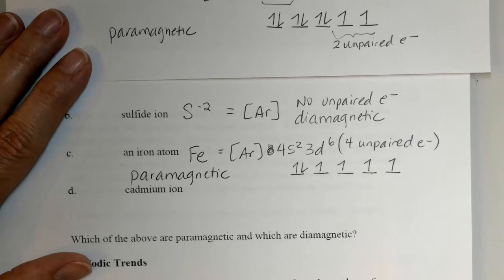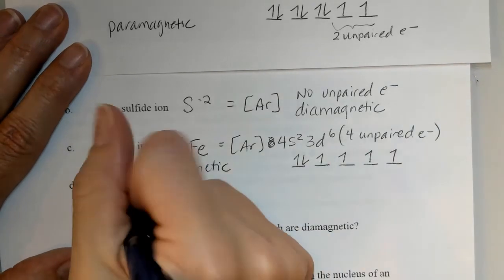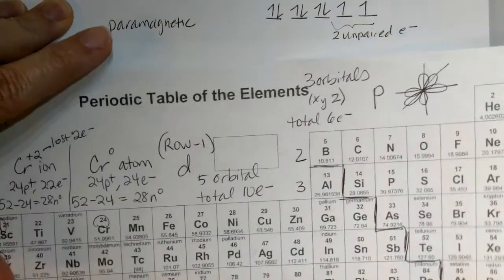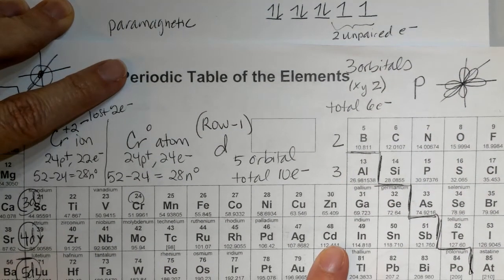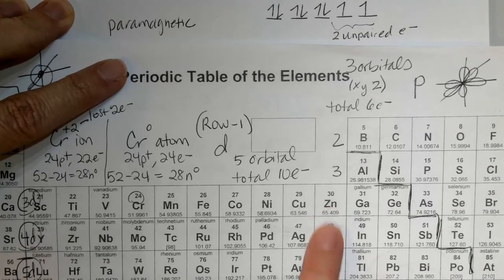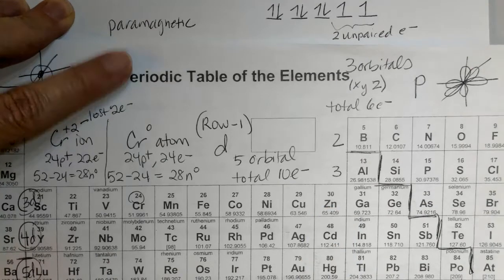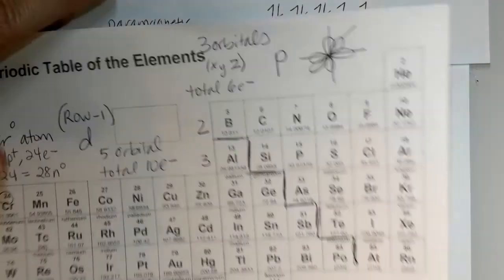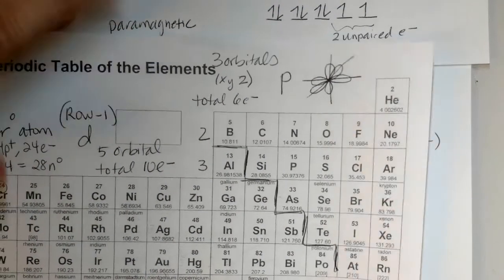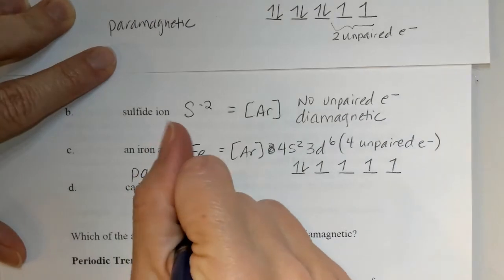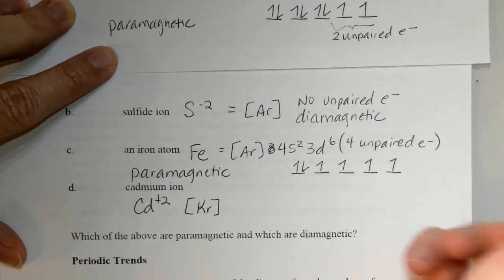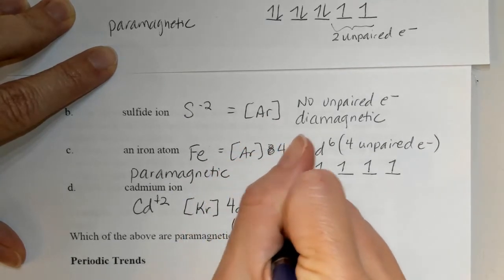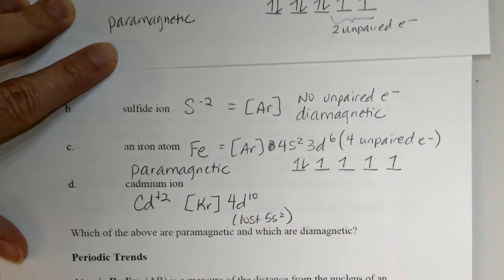All right, now the cadmium ion, cadmium, I don't really use this one too much, but it is also a type 1 cation like zinc. It follows the same pattern. It's always a +2 charge. So what we would have here for cadmium is we had the krypton core, and then we would have had the 5s2 4d10, but we've lost the 5s2 because we lost 2 electrons here.